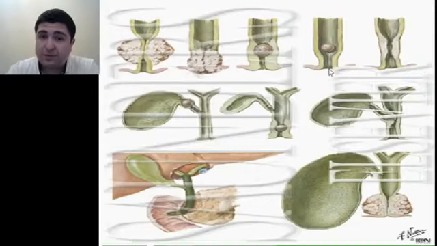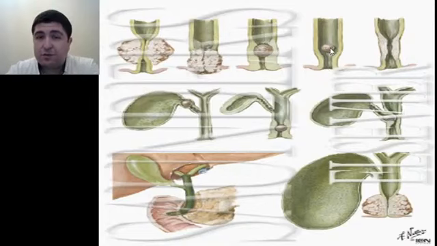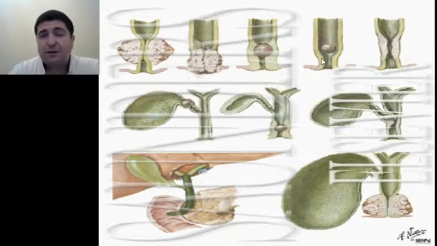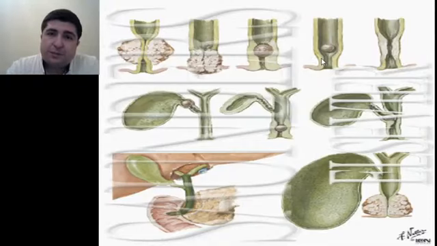So some part of bile can go out to the duodenum, but the stone is present. What can be in this type by clinical picture? In this type, in patients there cannot be any mechanical jaundice.